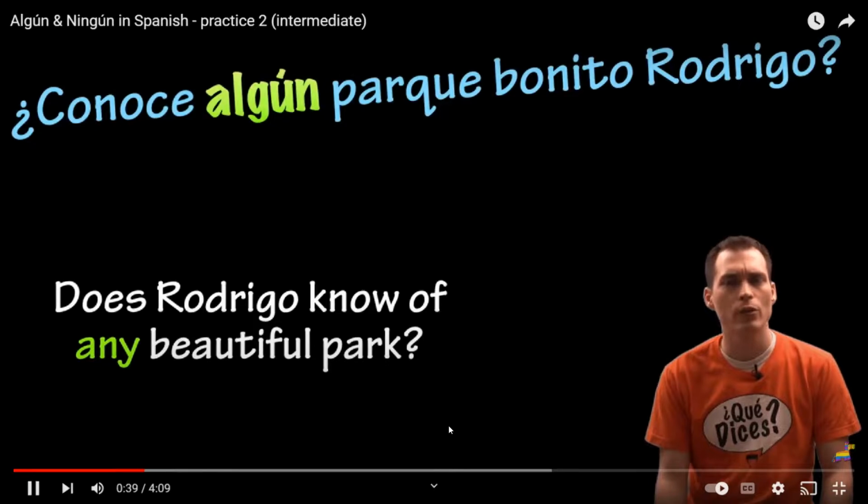¿Conoce algún parque bonito, Rodrigo? Algún parque. This is a shortened algún, right? Instead of alguno, because parque is masculine, el parque, entonces algún parque. Some park. And conoce, does he know of, meaning is he familiar with, right?